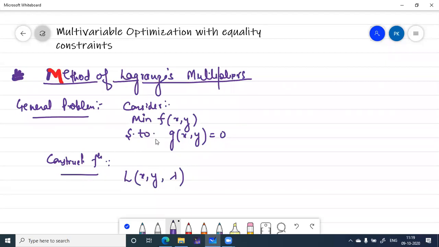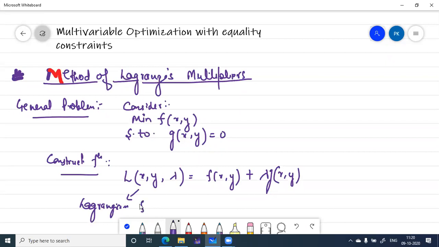This function consists of our objective function plus lambda multiplied with the given constraint, g of x, y. This is my Lagrangian function. This lambda is the Lagrange's multiplier.